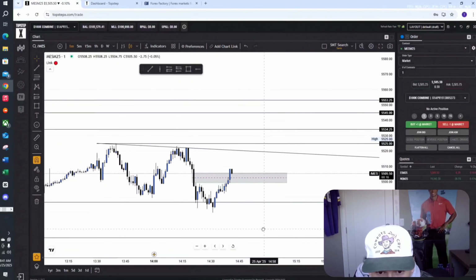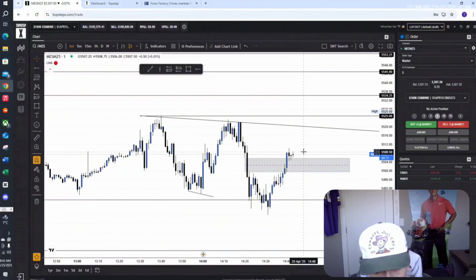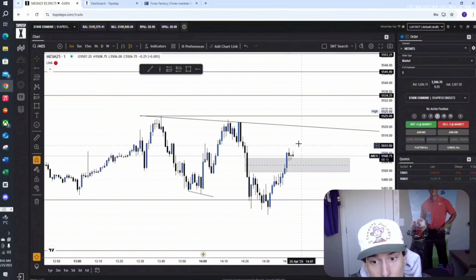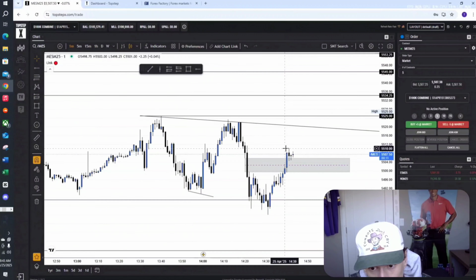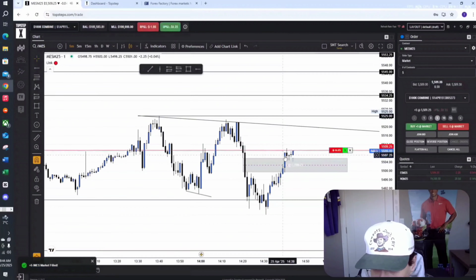If this candle closes above this inverse or above this high, which would be perfect, which is what we want to see, we would target this area here, stops below inverse. We're gonna enter here. Order filled.